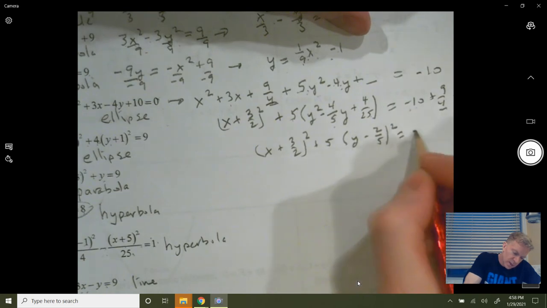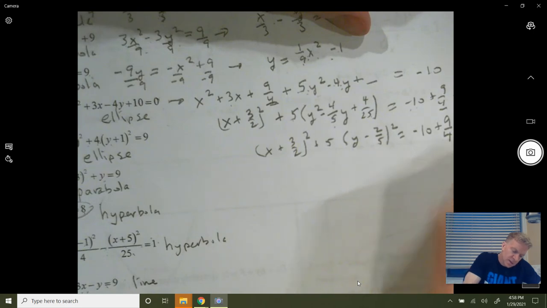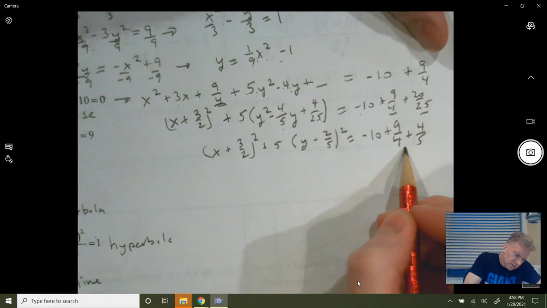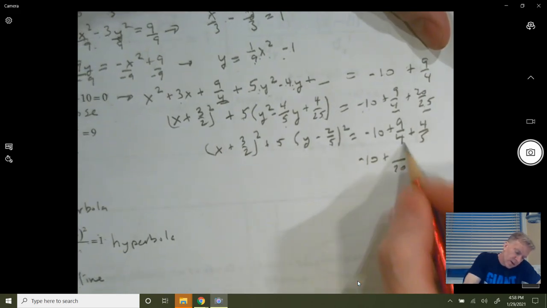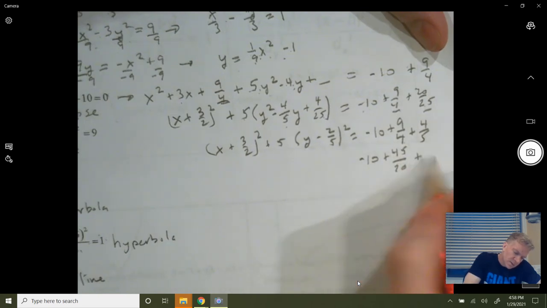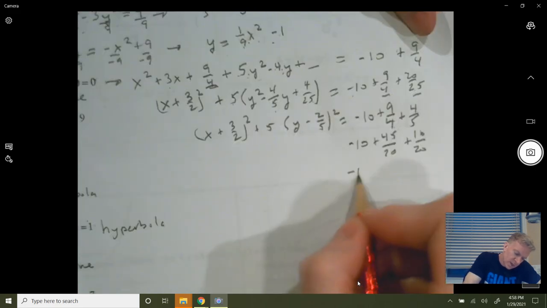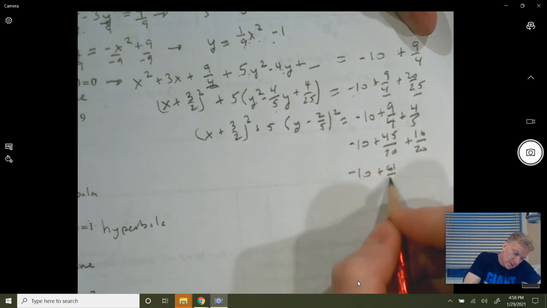We have negative 10 plus 9/4 plus 4/5. Common denominator here is going to be 20. So negative 10 plus 4 times 5, 9 times 5 is 45, plus 5 times 4 is 20, 4 times 4 is 16, so negative 10 plus 61 over 20.